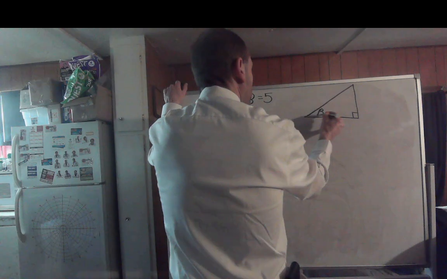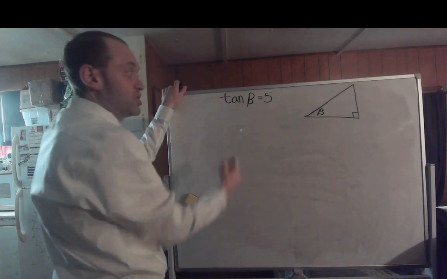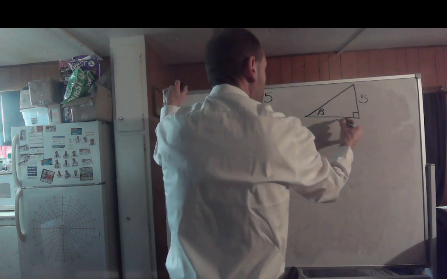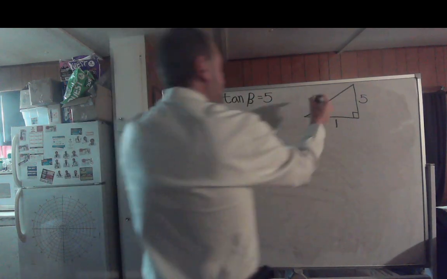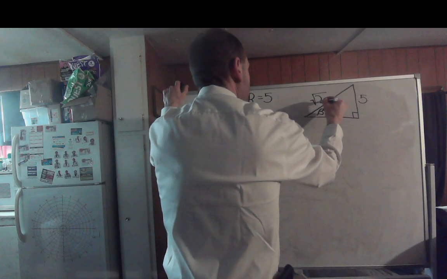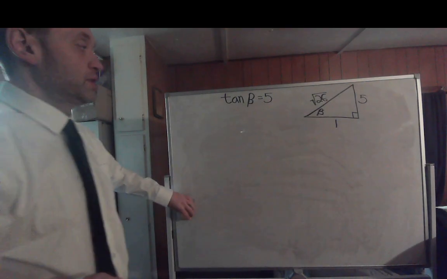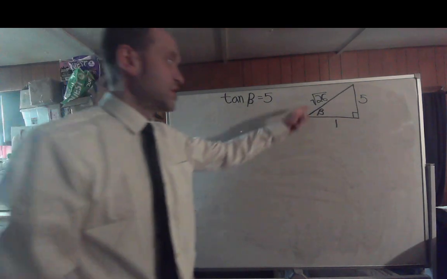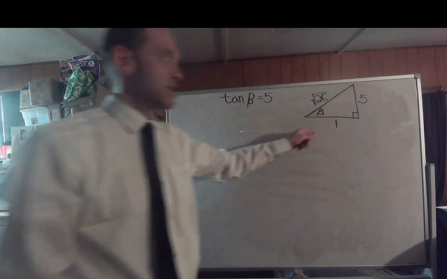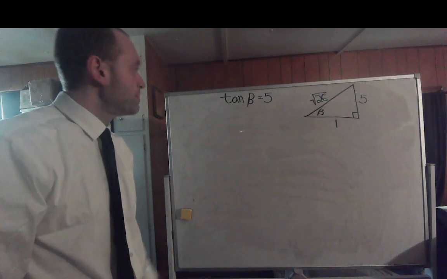So here's your angle beta right there. The tangent is opposite over adjacent, so that would be 5 over 1. That would mean your hypotenuse is the square root of 26. Okay, so that's going to help you. If you use the Pythagorean theorem, you'll come up with your hypotenuse being the square root of 26.